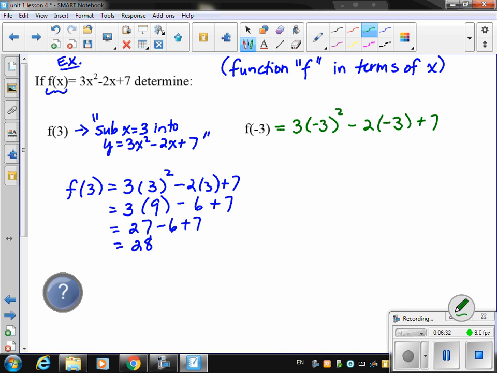So I've been a whole lot lazier in telling you to substitute a value in and evaluating. 3 times negative 3 squared is also positive 9. Negative times negative is positive 6 plus 7. 27 add 6 add 7 is 40.